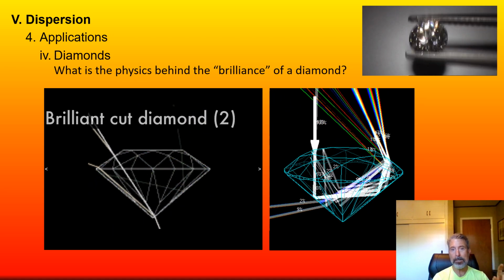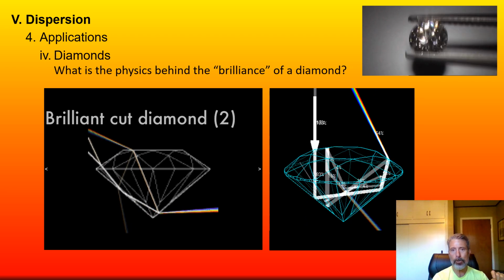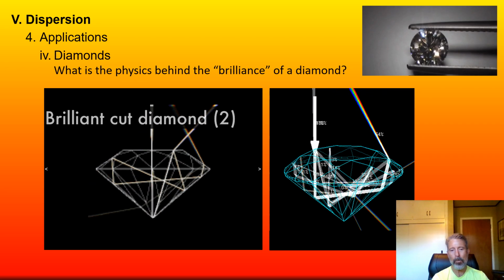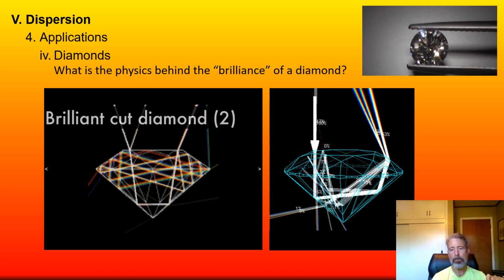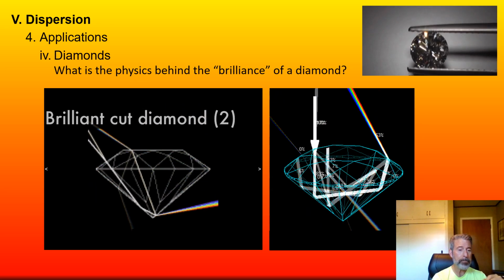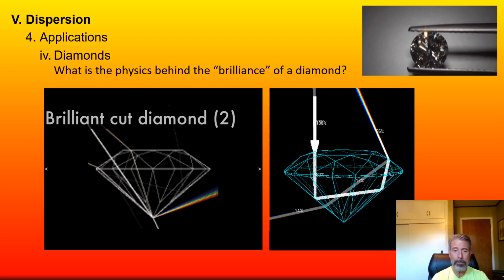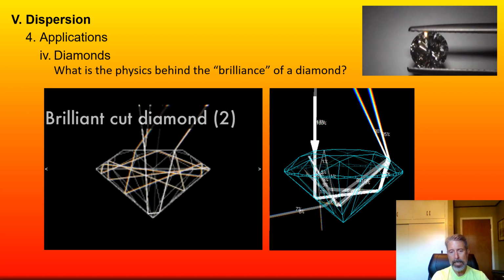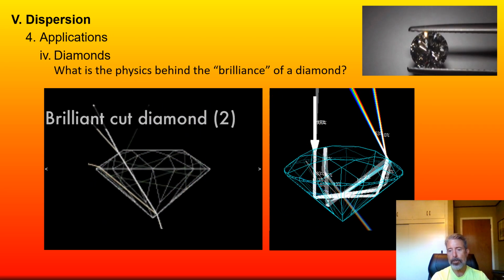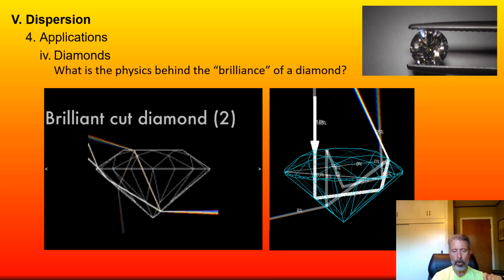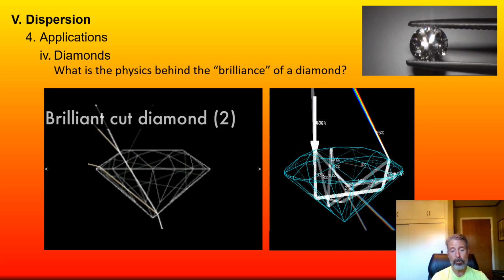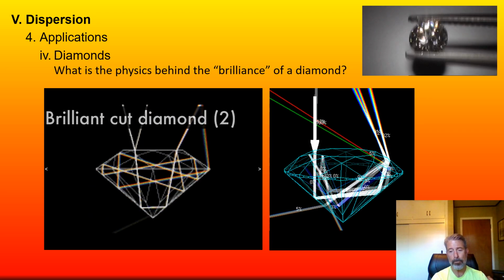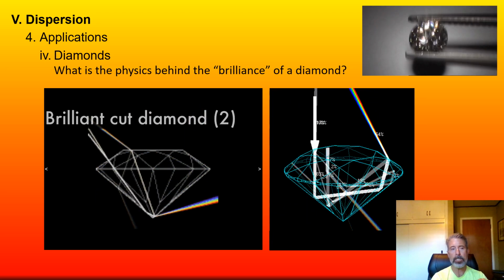And separating the many colors of white light into its brilliant spectrum of colors is what makes diamonds expensive and what you pay for. So the cut of the diamond, and we won't get into that here, but the geometry of the cut can add to this effect, add to the total number of total internal reflections that happen in the diamond and further increase its brilliance, further increase the amount of dispersion taking place.